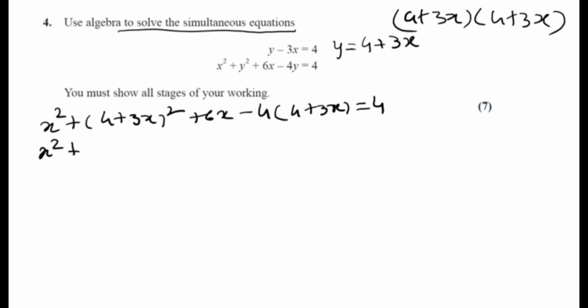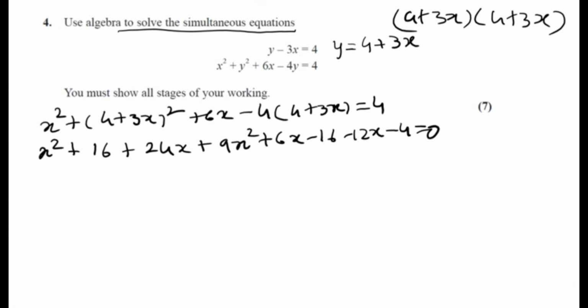We have to expand the bracket. That gives 16 plus 24x plus 9x squared plus 6x minus 16 minus 12x minus 4 is equal to 0. I am moving this 4 to this side, so it becomes minus 4.